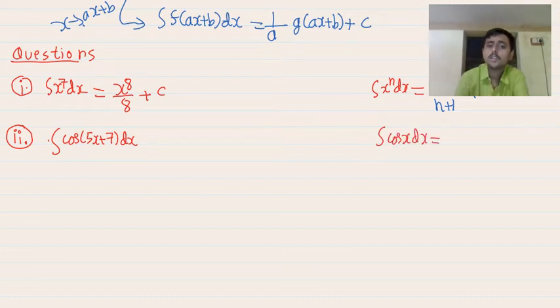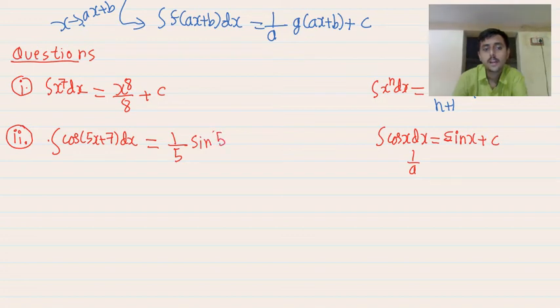The formula for this is integration cos x gives us sin x plus c. So first of all we will write 1 by 5 because we have to write 1 by a. So we are going to write 1 by 5 sine of 5x plus 7, and the last step would have a c.